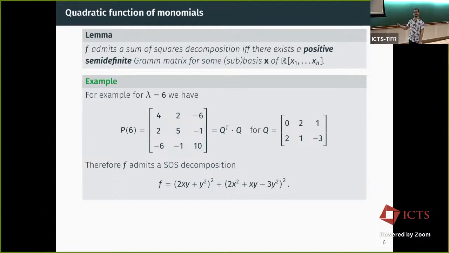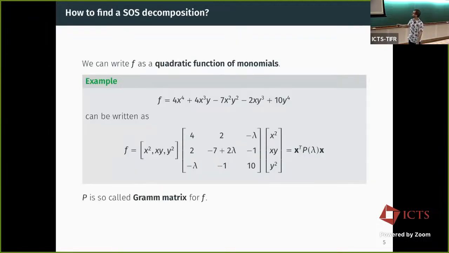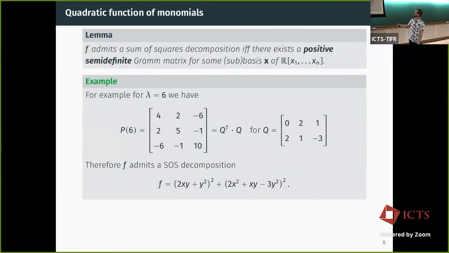And now this one is positive semi-definite, so I know that there exists another matrix Q so that Q transpose Q is equal to P. So this is my matrix Q. And out of this matrix Q, I can read off my sum of squares decomposition. Namely, I just look at the rows of this matrix, and I look at the basis, and I evaluate those, and then I see that this is 2xy plus y squared.